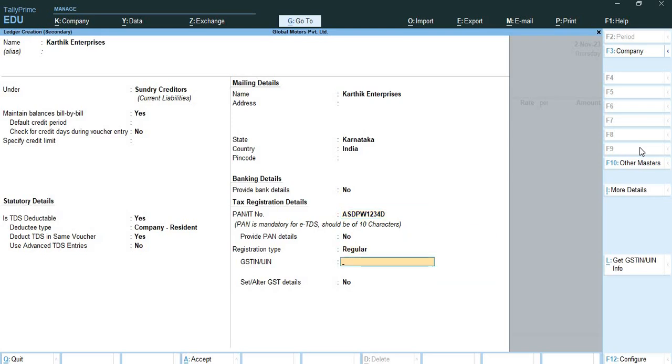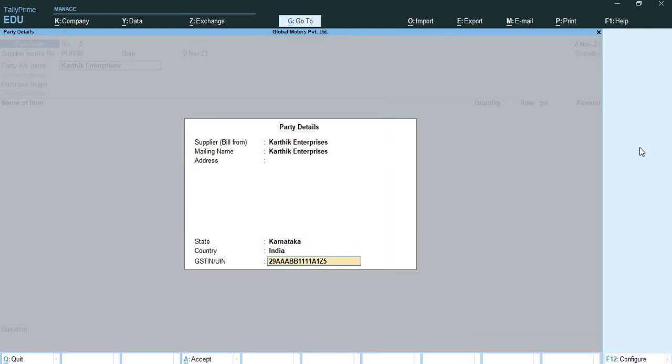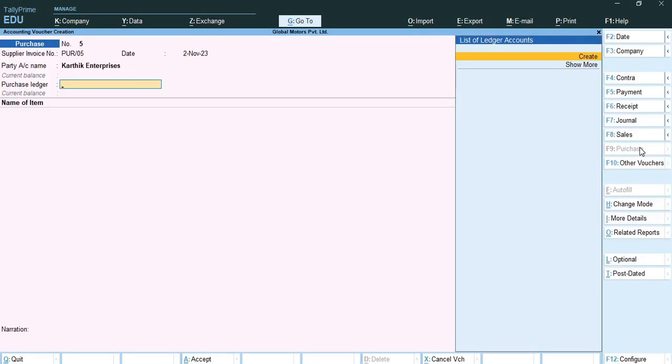GSTN number is 29 double A BB 1111 A1 Z5. Alright, so this way I have enabled GST also and TDS also. Now we will work together in GST and TDS all together.